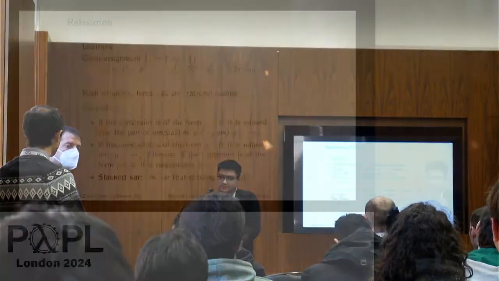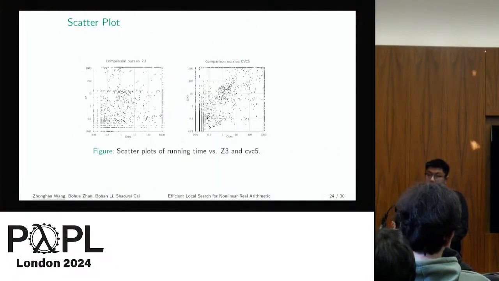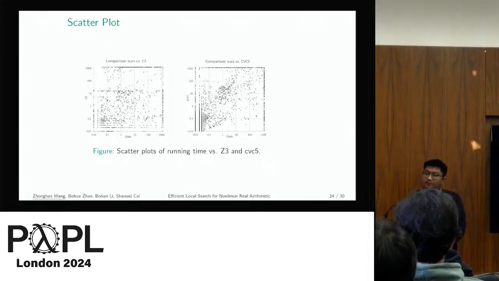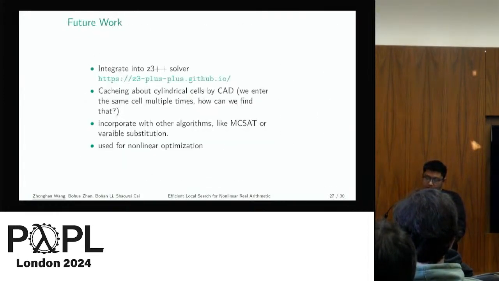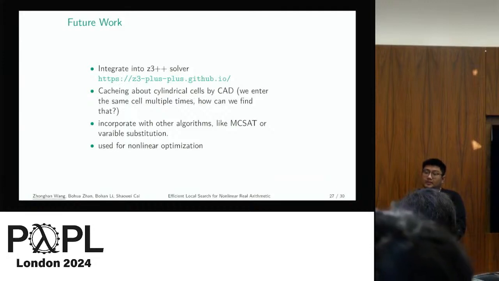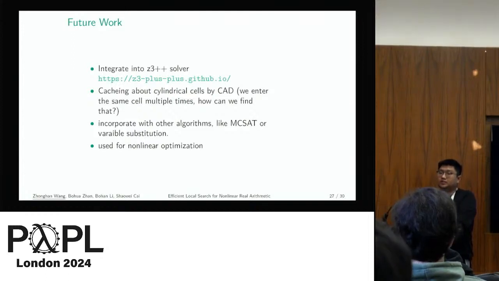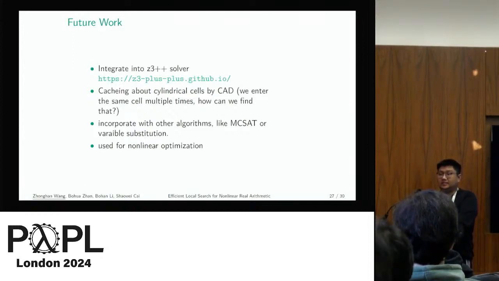But there is some existing work where, if you don't use a pure local search algorithm, it can usually help you to find unsat proofs. For example, some existing work uses local search to boost CDCL for SAT solving, because local search helps you to prune the search space. So if you incorporate it into an algorithm, it can help you to generate proofs. Okay, thank you.